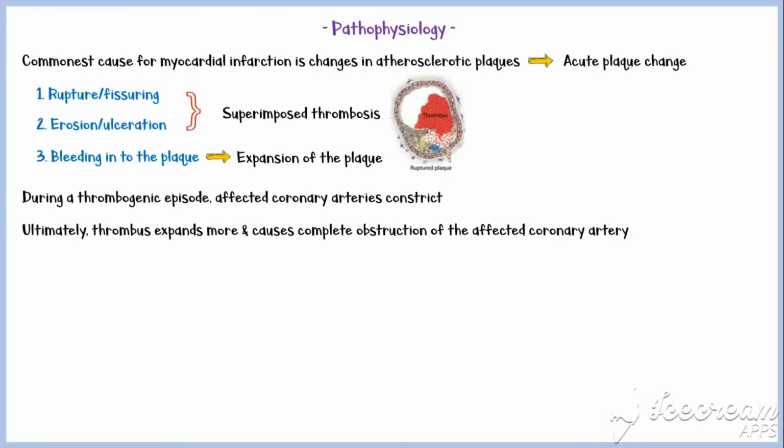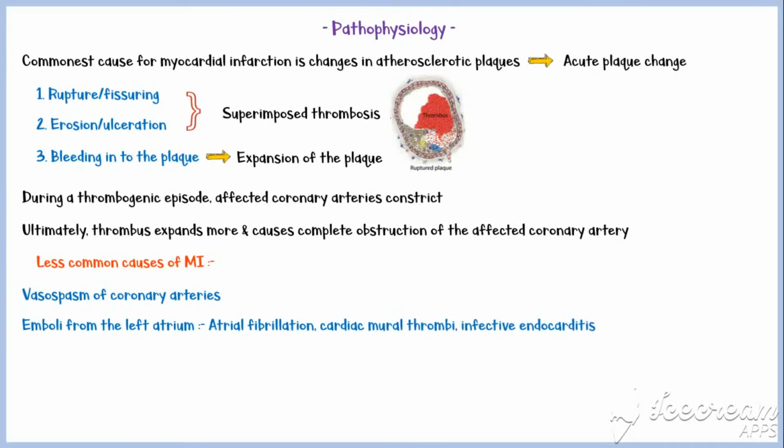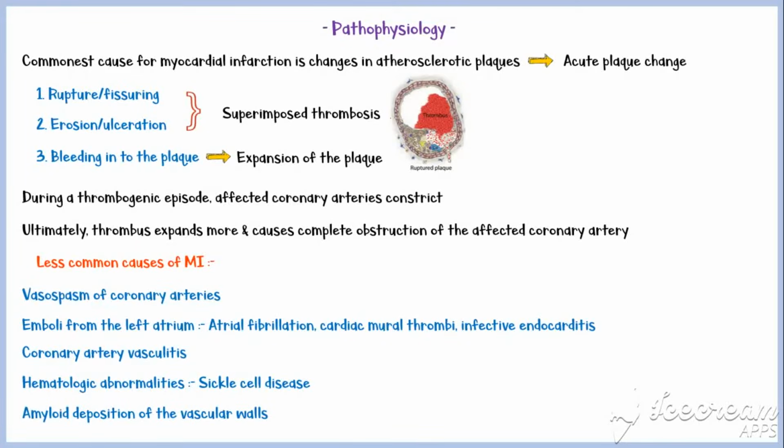In addition to atherosclerosis, less common causes of myocardial infarction include the following: vasospasm of coronary arteries, emboli from the left atrium, typically associated with atrial fibrillation, cardiac mural thrombi, and infective endocarditis, coronary artery vasculitis, hematologic abnormalities like sickle cell disease, and amyloid deposition of the vascular walls.